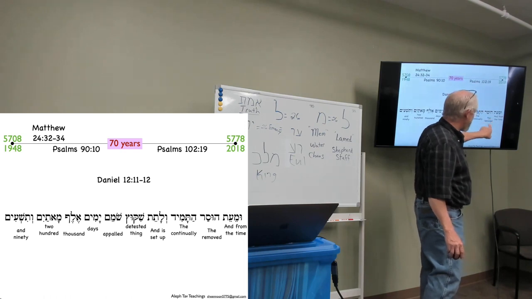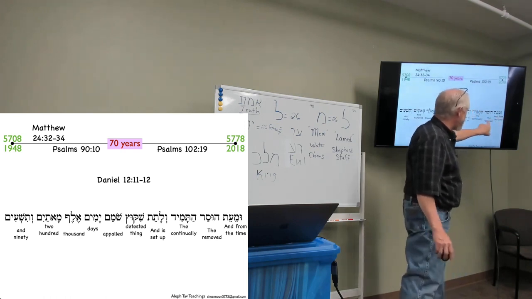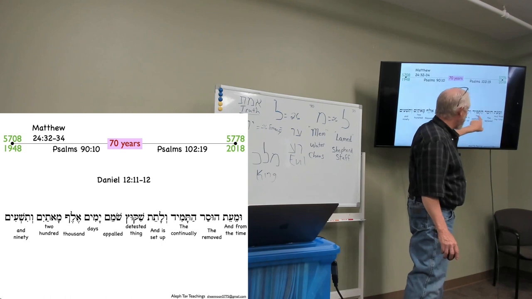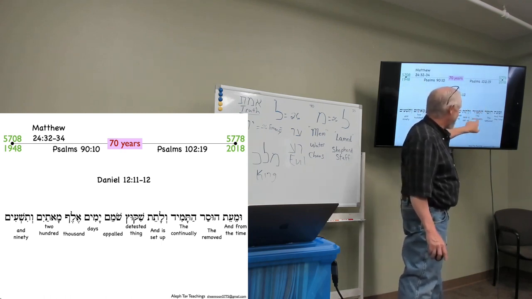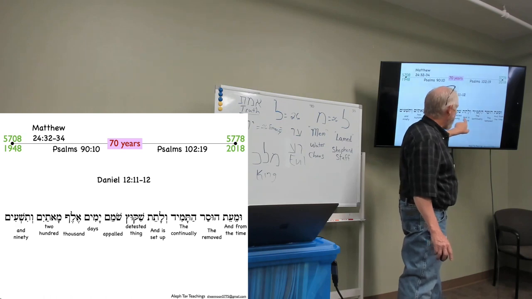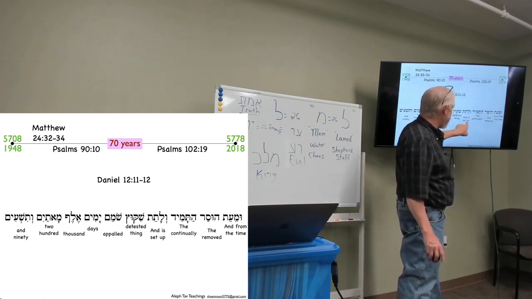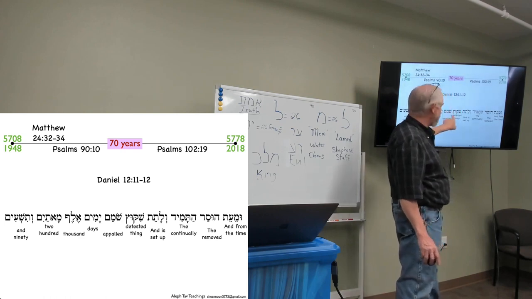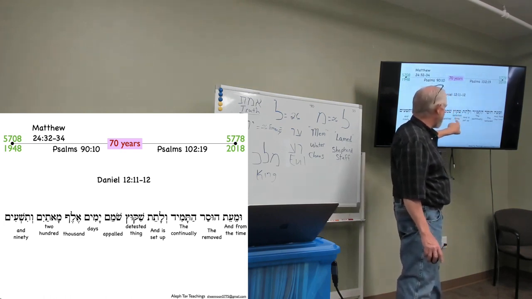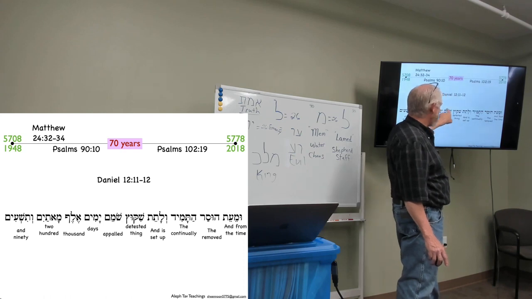So it says the removed. So from the time the removed, the continual, this is that continual offering. So man, he's holding it up. And is set up. This is the abomination that causes desolation. It actually says detested thing, appalled.